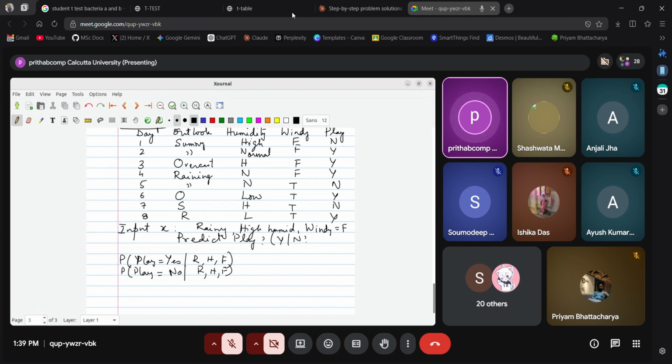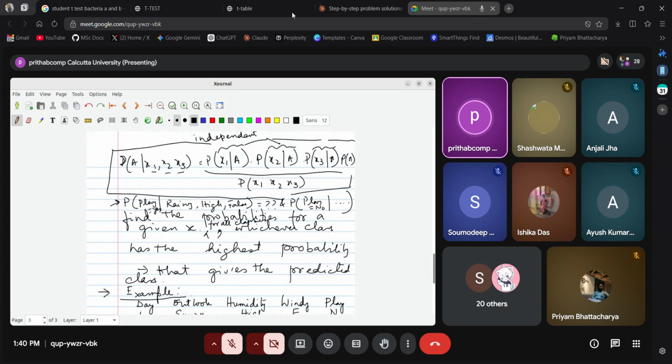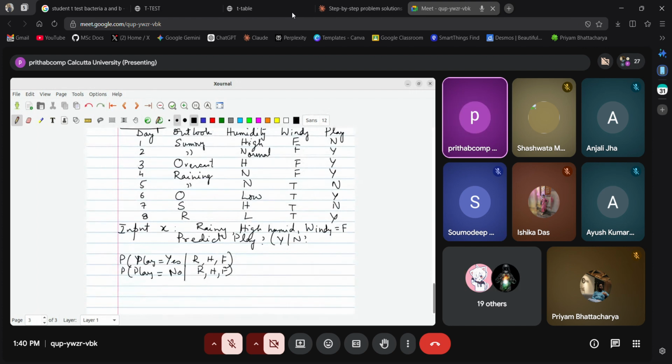So can you find these values by looking at the table? What all things do you have to find? You have to find the probability of x1 given A, probability of x2 given A, and so on. You have to find the probability of yes and the probability of no. What is the probability of yes here? 1, 2, 3, 4, 5.